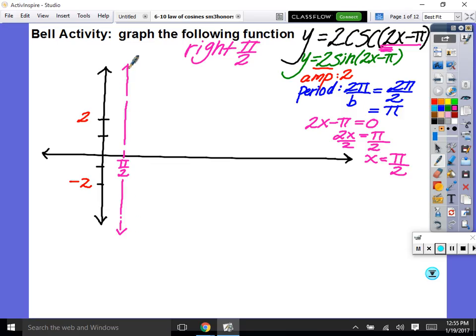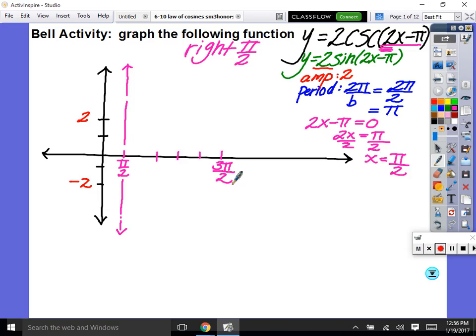Okay, awesome. Now we have to draw in 2 full cycles. So you do all your tick marks: out 1, 2, 3, 4. From here to here is pi in units. So you take pi halves plus pi, which puts us at 3 pi halves, right, everybody?